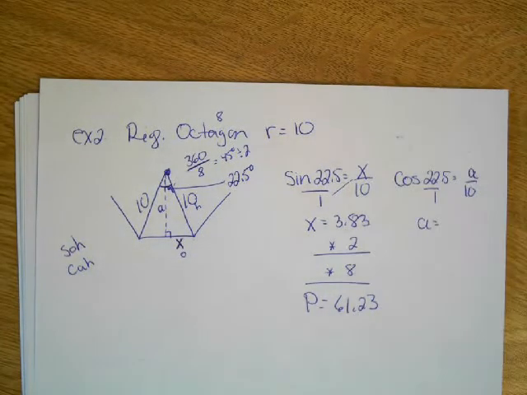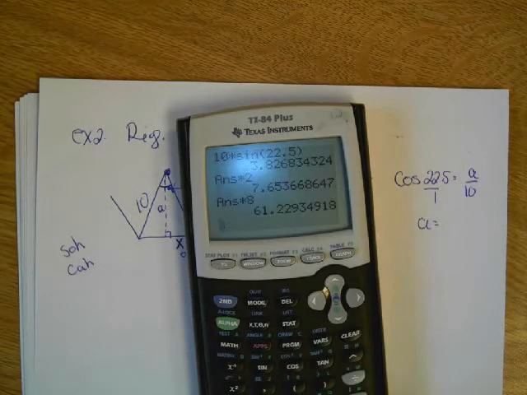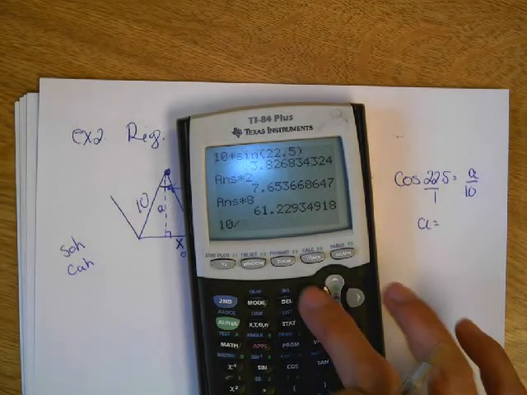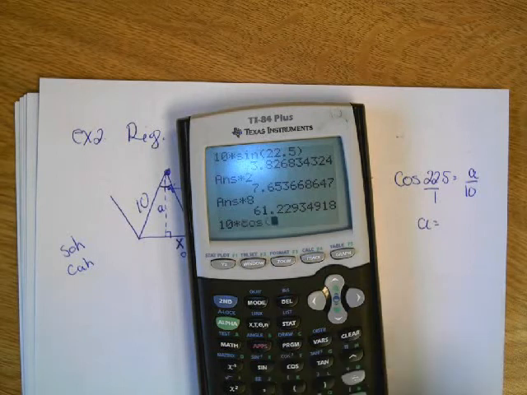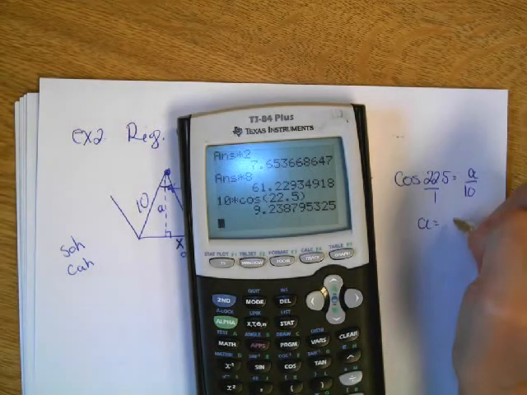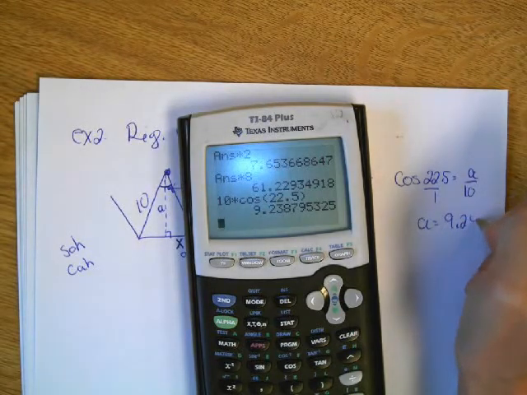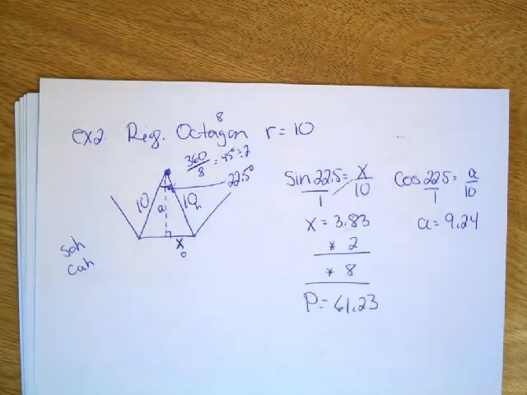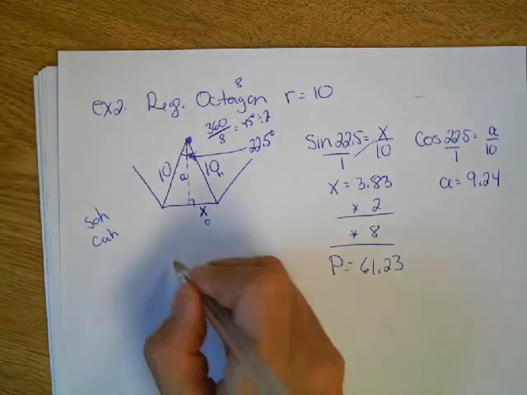So apothem equals 10 multiplied by the cosine 22.5, 9.24, and we're ready for area.